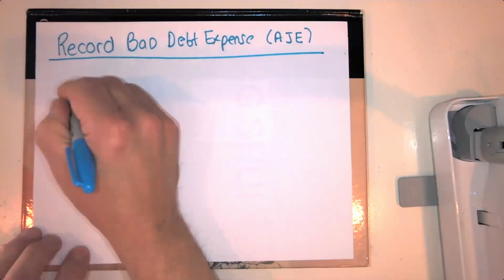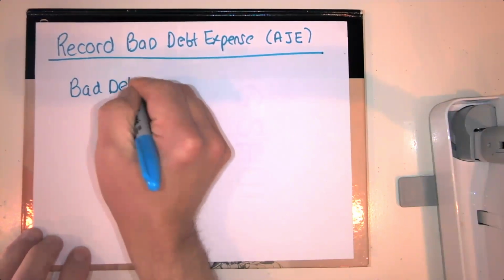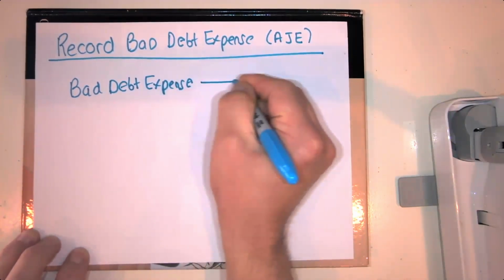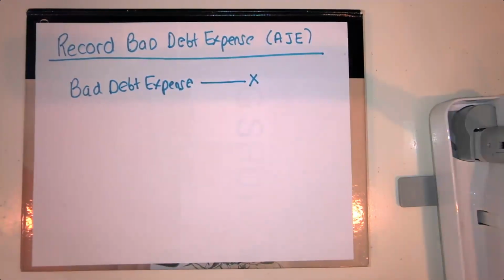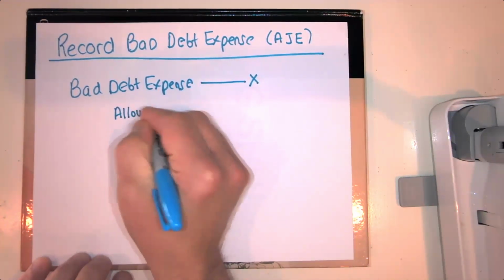So what you're going to do is debit your bad debt expense account, and credit an account called the allowance for doubtful accounts.